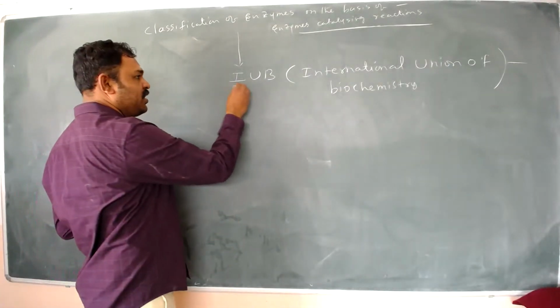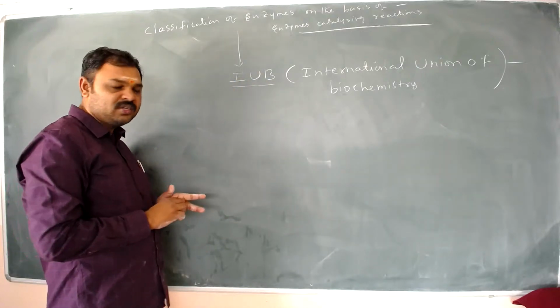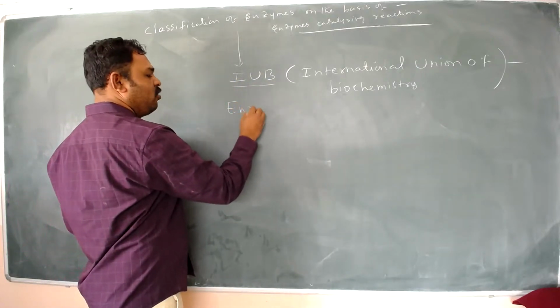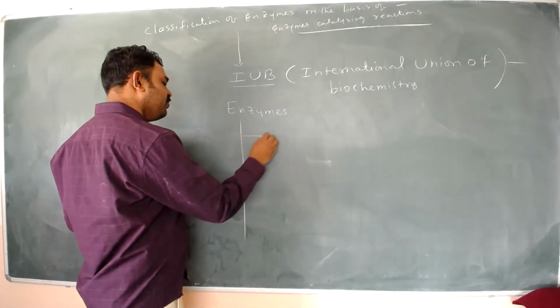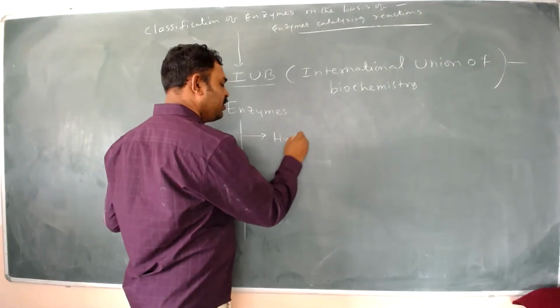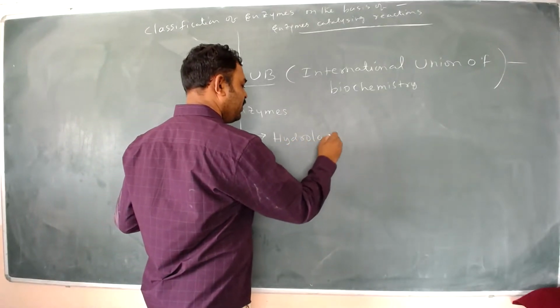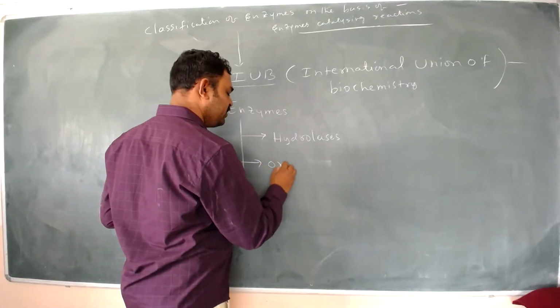The International Union of Biochemistry classifies the enzymes into 6 classes. How many classes are they classified into? Enzymes are classified into 6 classes. What are those 6 classes?